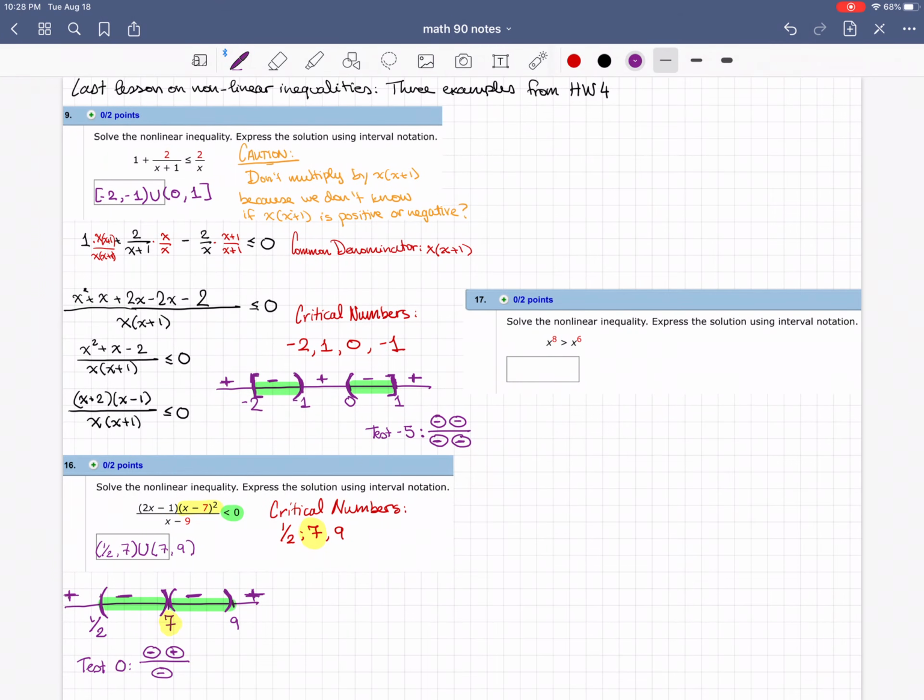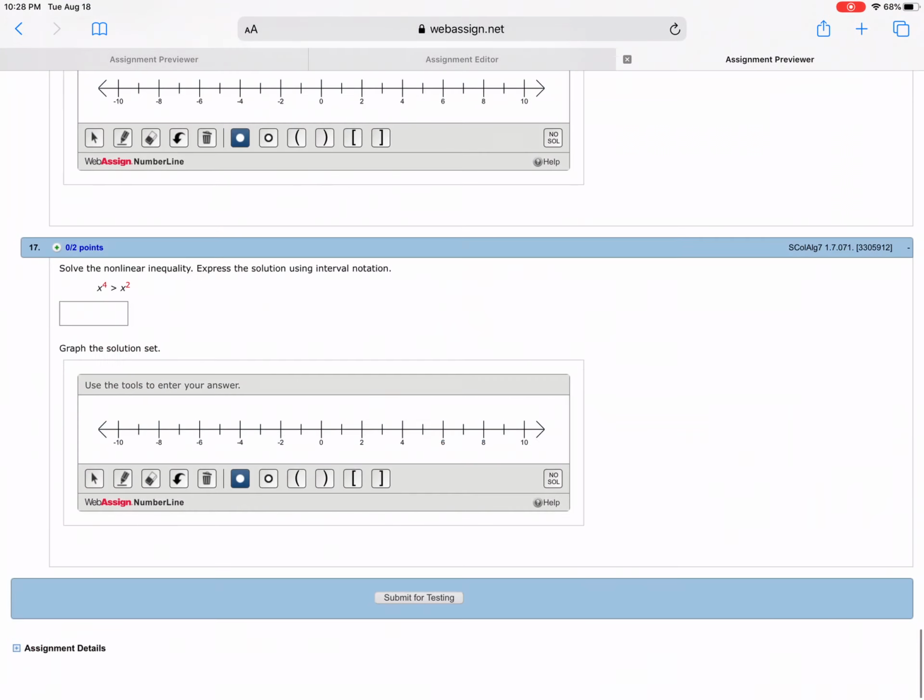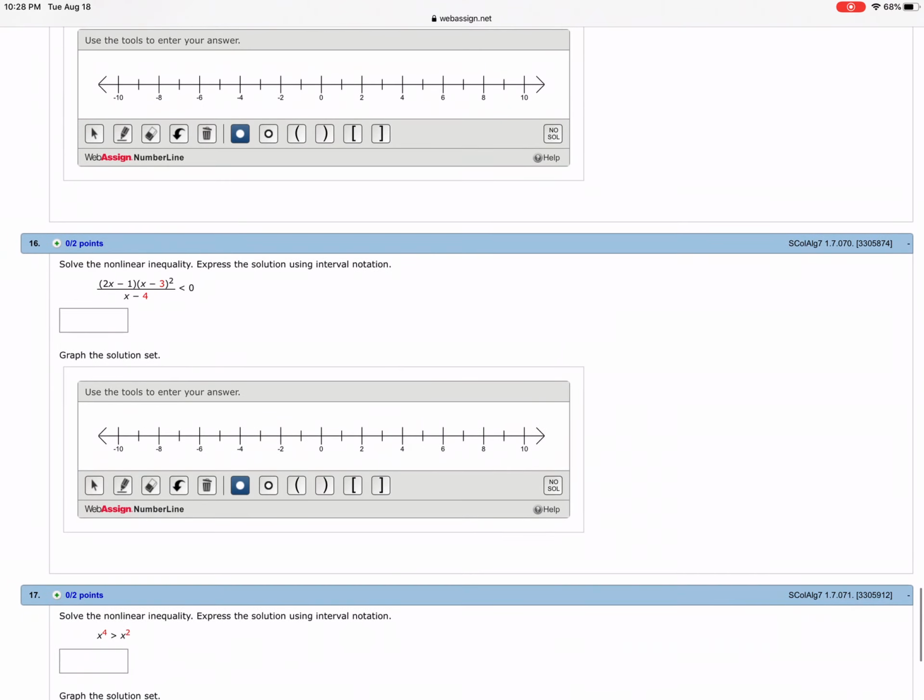So from 1/2 to 7 and from 7 to 9. This is a great problem to do in WebAssign because, first of all, how do you indicate 1/2? It's not a precision game, right? From 0 to 1, 1 is about there. So 1/2 is going to be about in the middle between 0 and 1. So you don't need to be super, super careful.